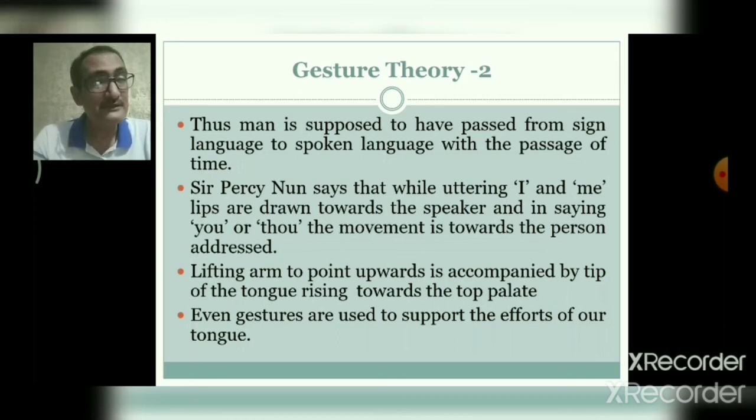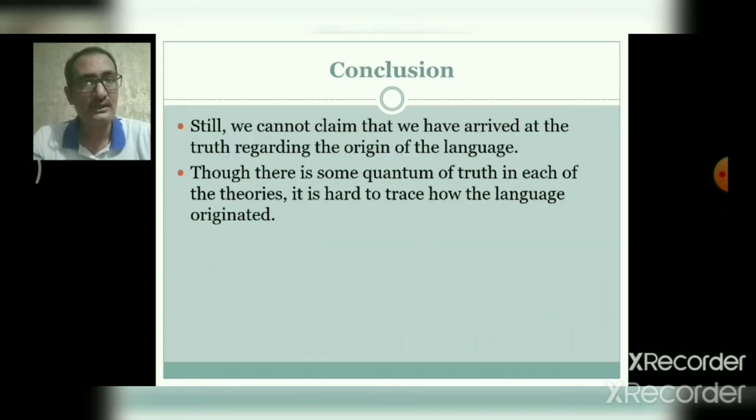When somebody lifts his or her arm and points upwards, the hand is doing its work, but the tongue in the mouth also stretches towards the palate. This is a supportive gesture. Even gestures are used to support the efforts of our tongue. So in a way, we can say that the gesture theory is somewhat nearer to making a full-fledged language.